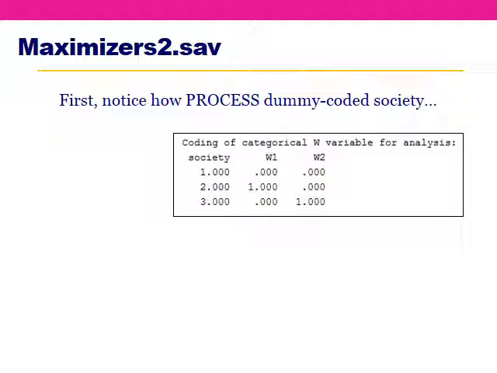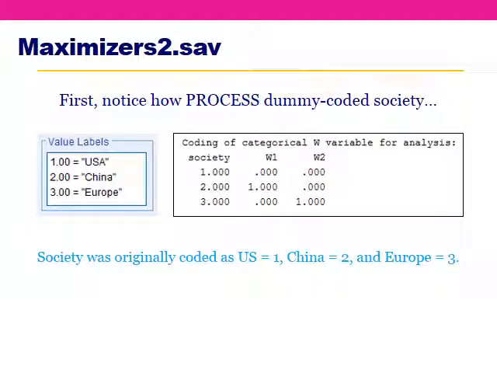To fully make sense of this, we of course need to know what society 1, 2, and 3 are, so we can get that from the value labels menu. So in our original data file, US was coded as 1, China was coded as 2, Europe was coded as 3. This box over here tells us how process has done the dummy coding for us.